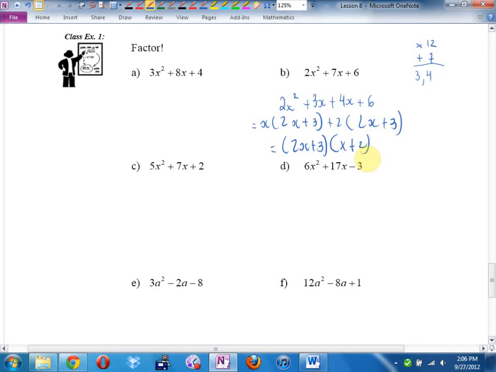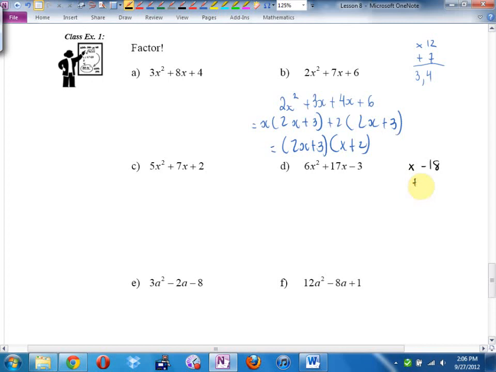Let's try D. D has some negatives in it. I'm going to assume automatically that negatives make things trickier. They do. D, what am I looking for? Two numbers that multiply to negative 18. I've got to be fussy.